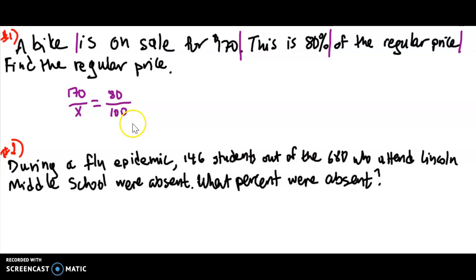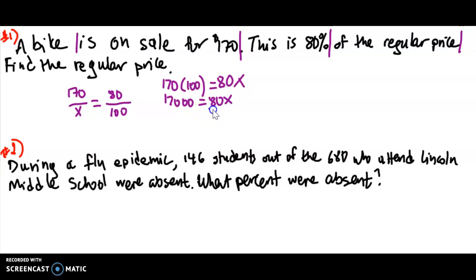There are a couple ways to solve this proportion. In this specific problem, let me show you cross product. Cross product means product of extremes, upper left diagonal. Let me write down: upper left diagonal equals product of means, 80x. If I do my multiplication here, 170 add two zeros equals 80x.